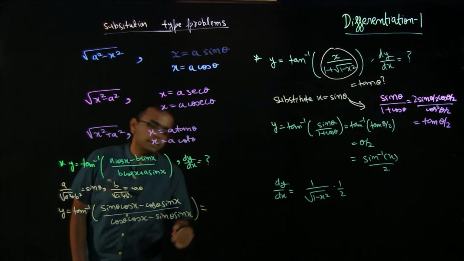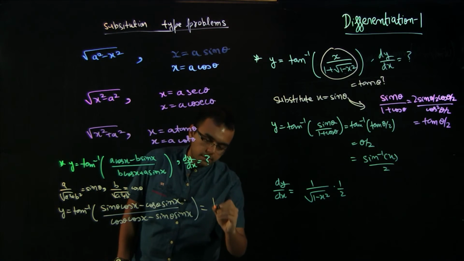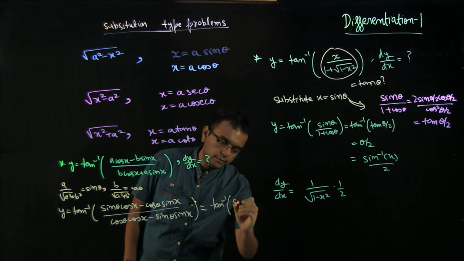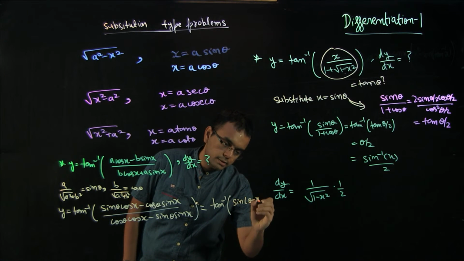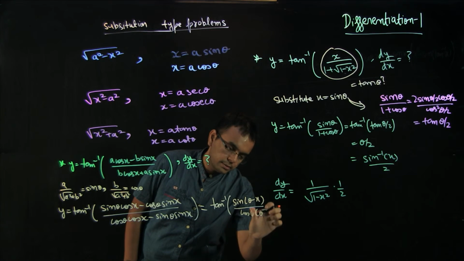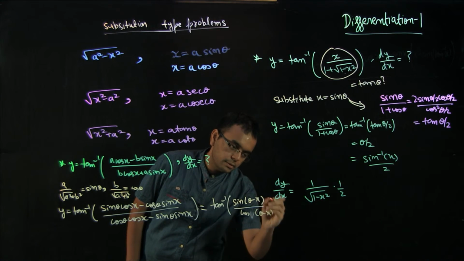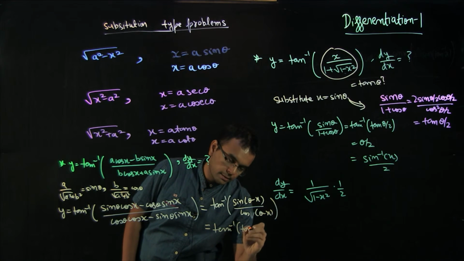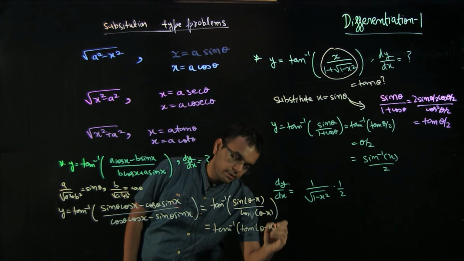In other words, this is nothing but tan inverse of sin of (theta minus x) by cos of (theta minus x), and this is tan inverse of tan of (theta minus x), because this is what we wanted to do.